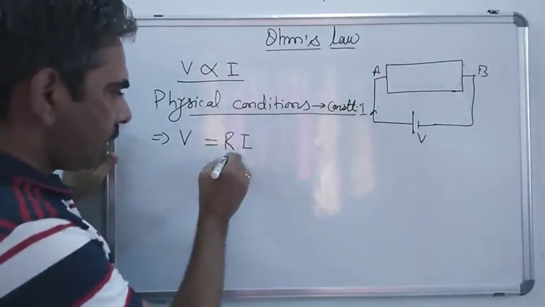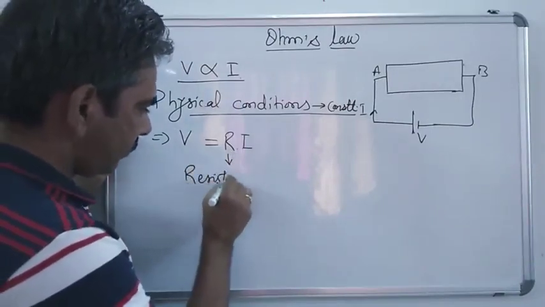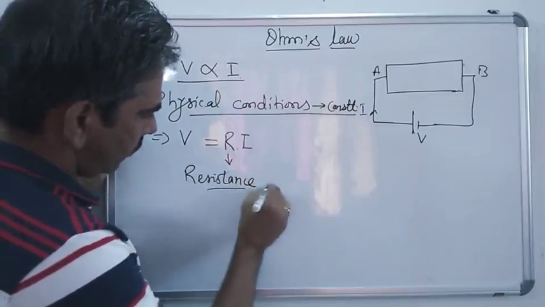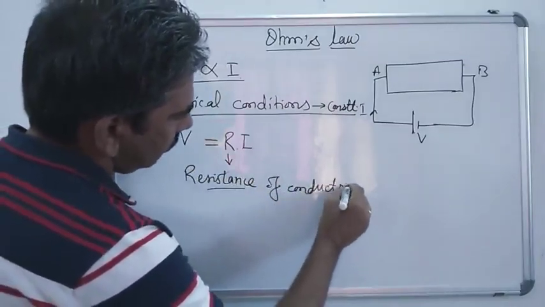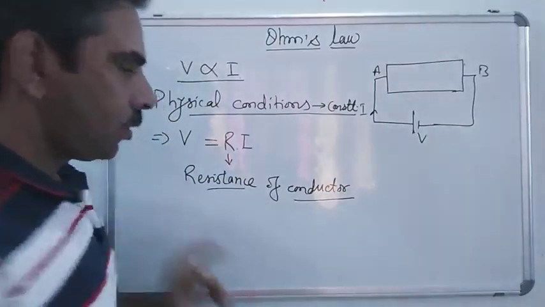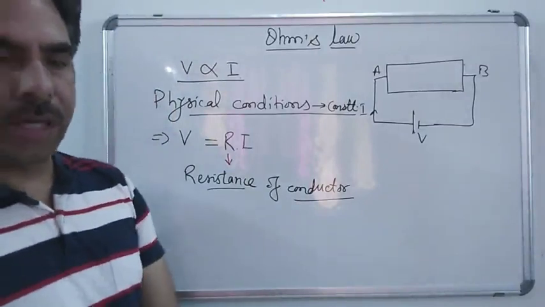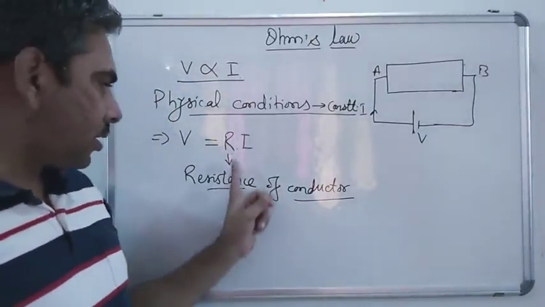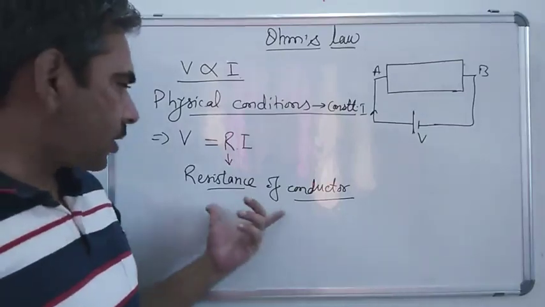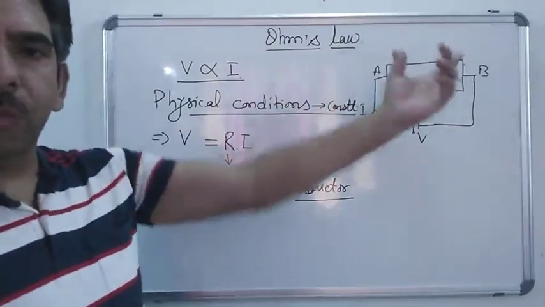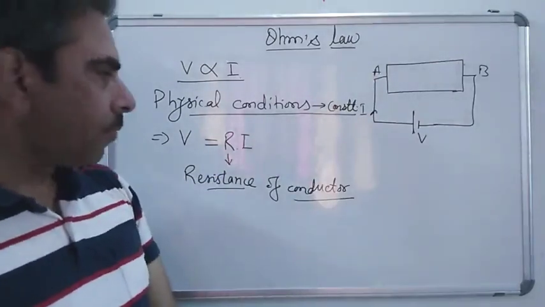This R is nothing but the resistance of the conductor, the resistance towards the flow of current, in the path of the flow of current. So this is the resistance to the current, and the resistance of the conductor depends upon the various properties of the conductor. So it is an internal property of a conductor.